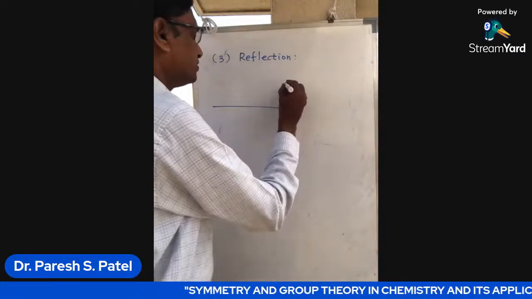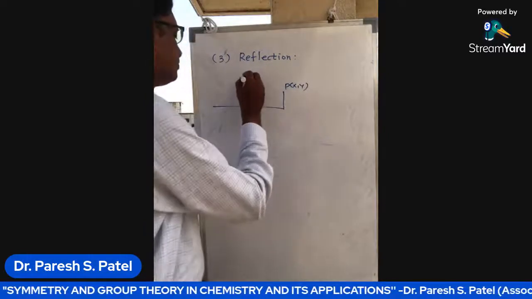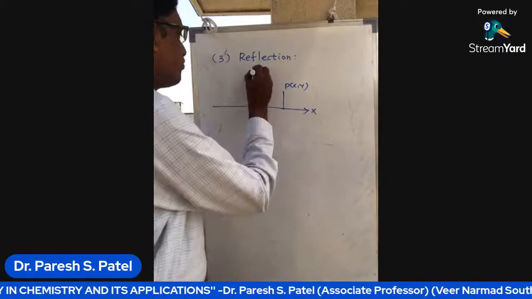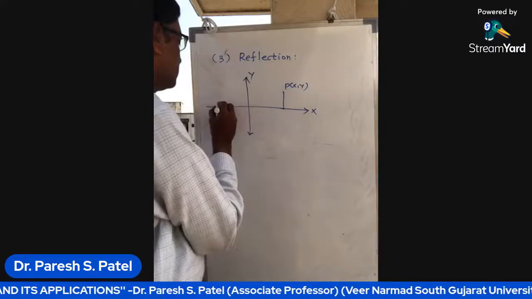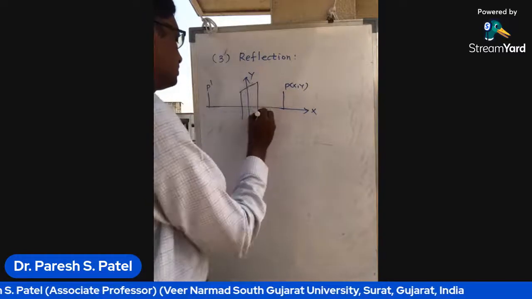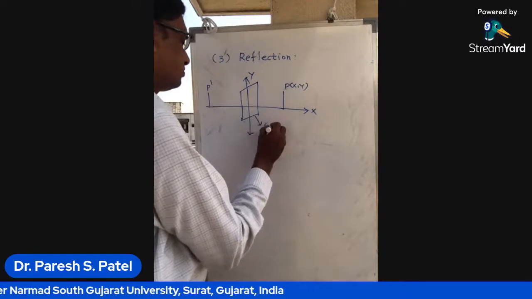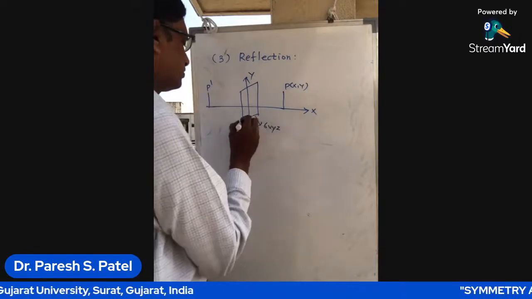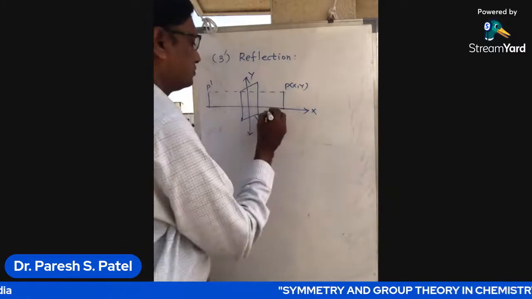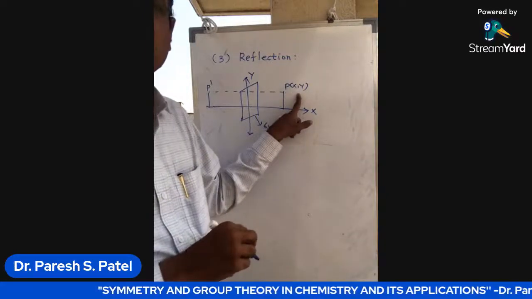Suppose vector p with the coordinates x and y. This is the x-axis and this is the y-axis. Vector p with the coordinates x and y.